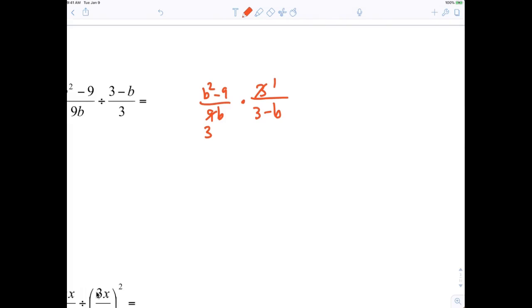Yes. What does that factor to? b minus 3 and b plus 3. Good. So now what? If you cross out, what do we do? You can cross out b minus 3 and 3 minus b. But that becomes a what? Right, negative 1. Then, b plus 3 over 3b.